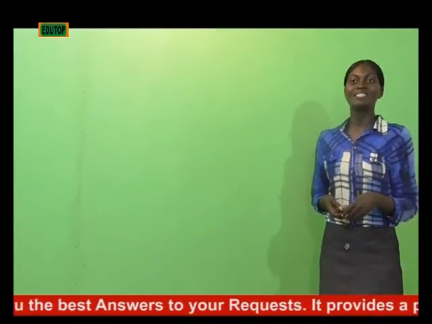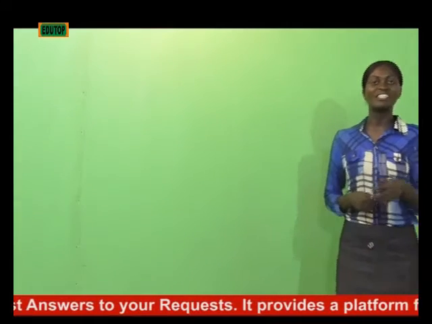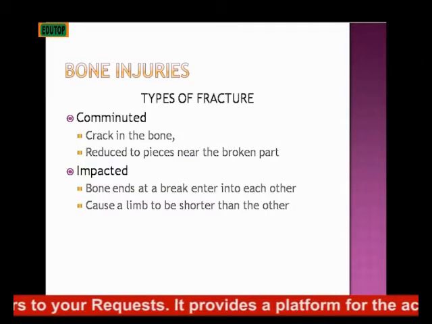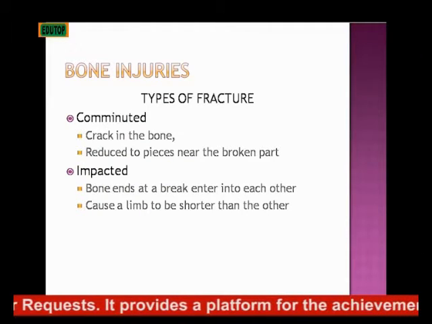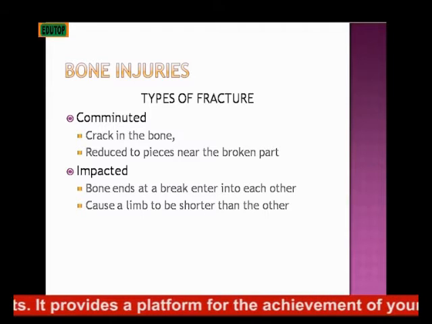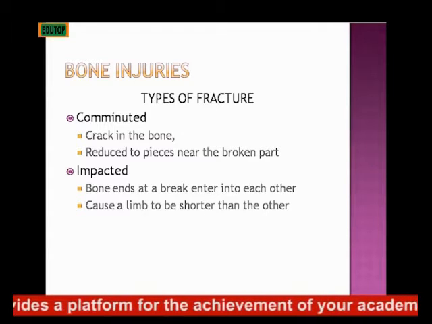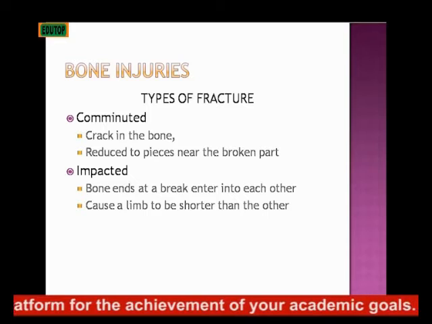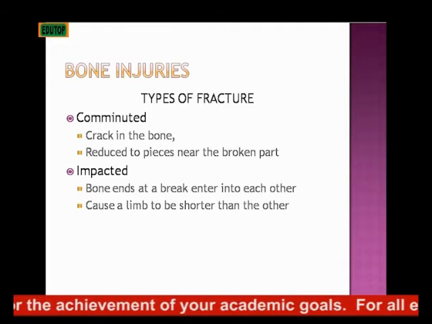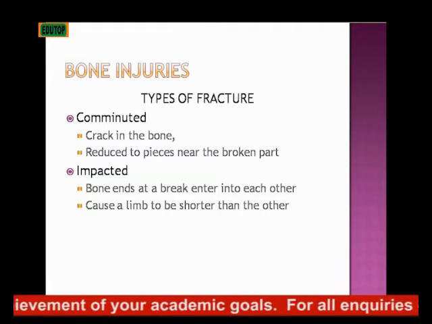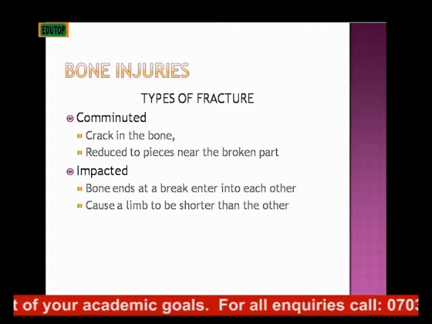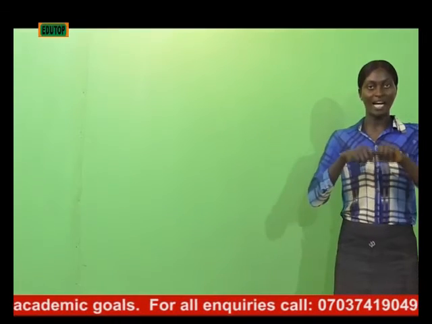Then the next type of fracture is the impacted fracture. In this impacted fracture, the bone ends at the break enter into each other, then cause the limb to be shorter than the other. That is, for instance, let's assume this is a bone and it breaks.